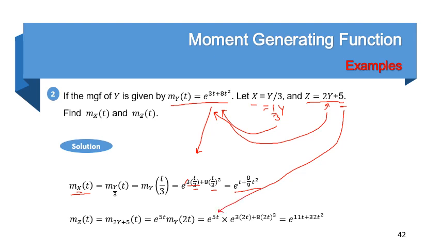So you get e to the 5t outside, but in the original function I gave you in the above problem, you replace each t by 2t because I multiplied each y by 2. Then you can calculate what the brackets will be to get the power as this one, or leave it as it is if you like. The simplification is not that big. You can simplify using your calculator.